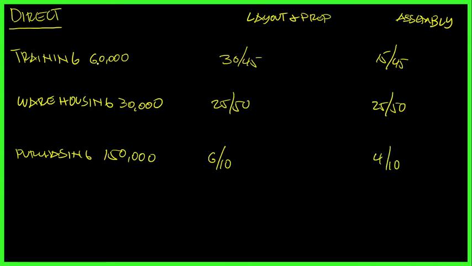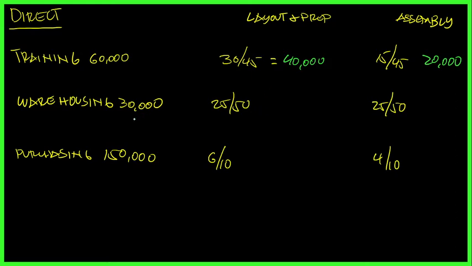Now you just have to multiply this. So 30 over 45, that's like 2/3. So your answer here will now be, what's 2/3 of 60,000? That will be 40,000. And 1/3 will be 20,000. So that's the allocated amount to layout and assembly.